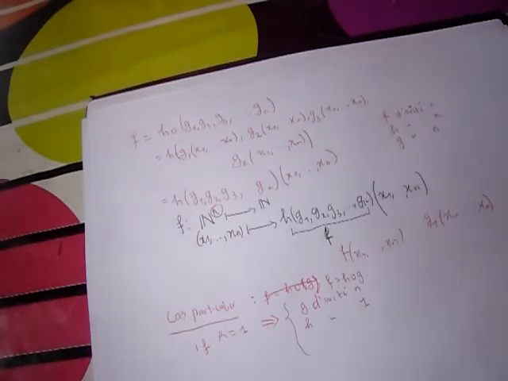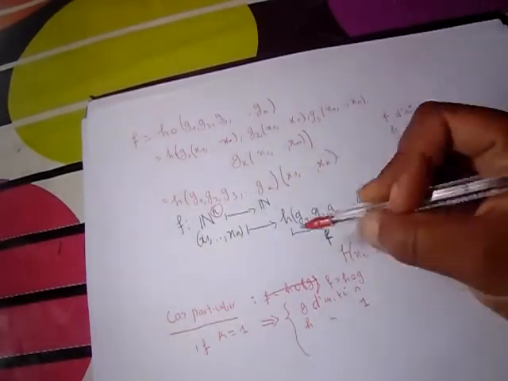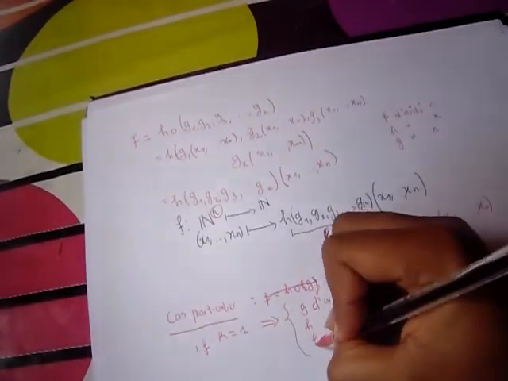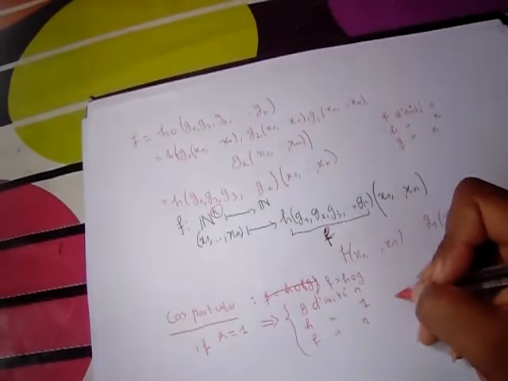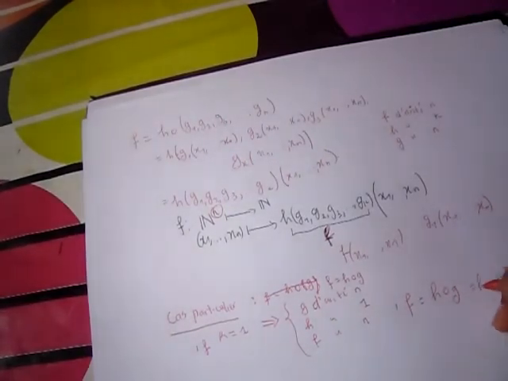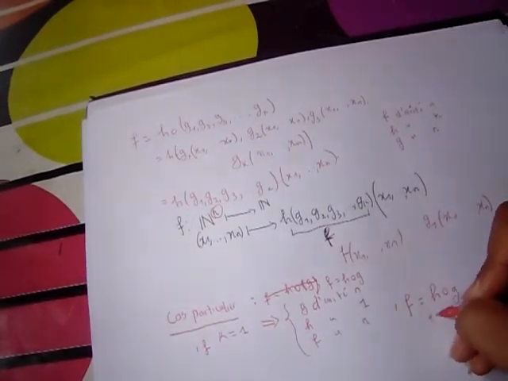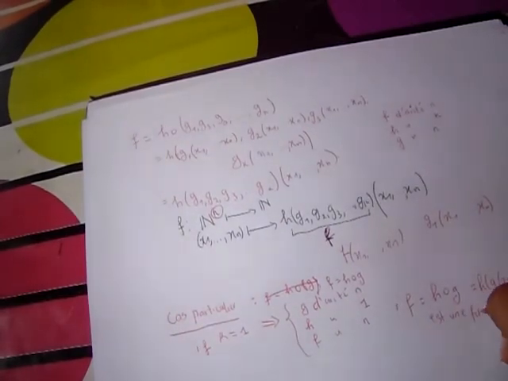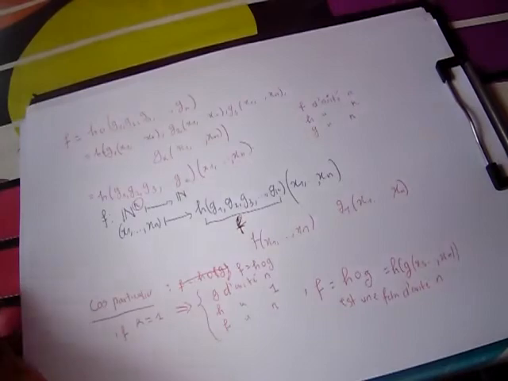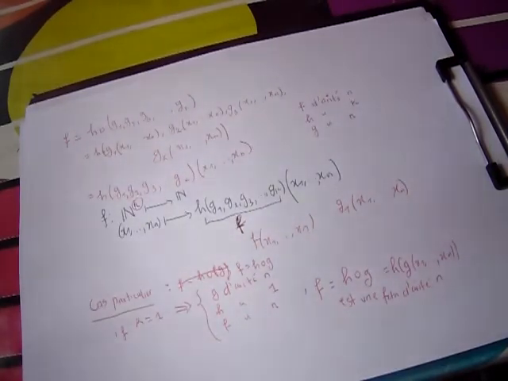F is still d'arité n, because like we said, we pose this to be f, f rond x1 jusqu'à xn, so f remains d'arité n. And so at the end of the day, we're having f is equal to h rond g, which is equal to h de g de x1 jusqu'à xn, and c'est une fonction d'arité n. Yeah, it's une fonction d'arité n.